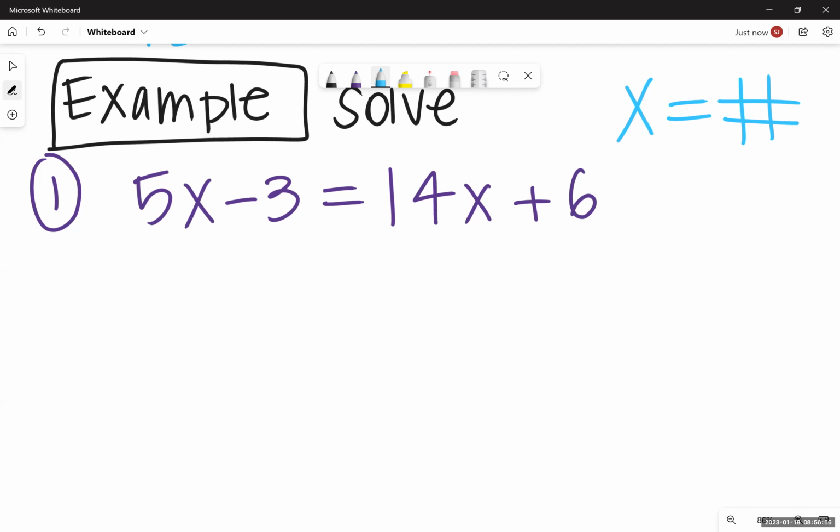Personally, if I can, I always want to try to have my x on the left. It's okay if it's on the right, but I always want to try to make my x go to the left. So let's do that. I want my x value on the left, and I see that I have this x value right here, so I want to move it. The way we move things in an equation is to do those additive inverses.